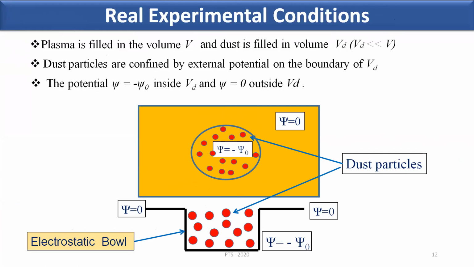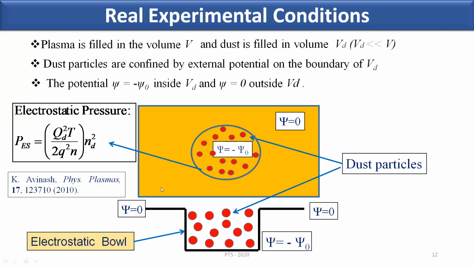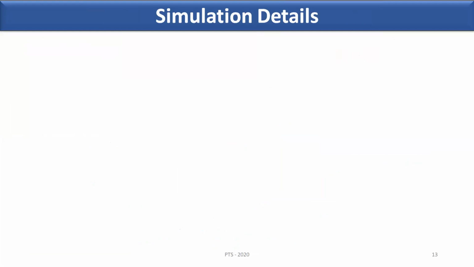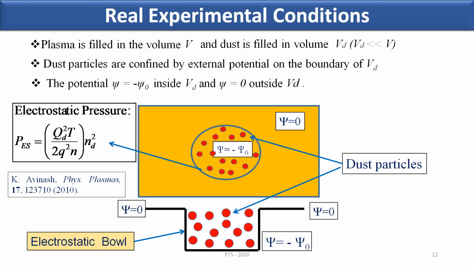Taking this model into account, Avinash gave the expression for the electrostatic pressure, which has a quadratic dependence on the number density. So what I am going to do is numerically check whether this expression is correct or not.